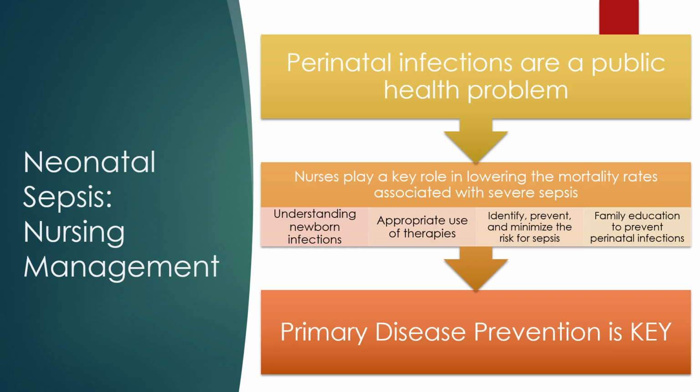For example, when someone comes into labor and delivery, she's GBS positive, her water is broken, she's 36 weeks pregnant, that baby is high risk for having a newborn infection. It is the job of the nurse to educate the patient and their family about the potential risks and what they can do and plan for during their labor to limit the risk of a vertical transmission infection.